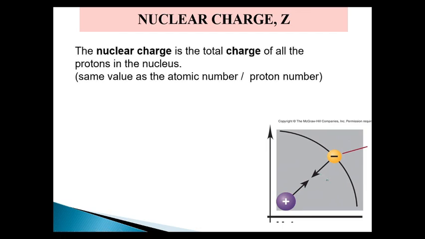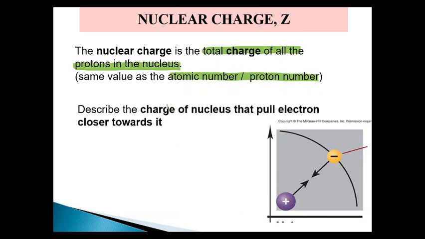First we have to be clear on the definition of nuclear charge. Nuclear charge is the total charge of all the protons in the nucleus. So it is just the same value as the atomic number or proton number.